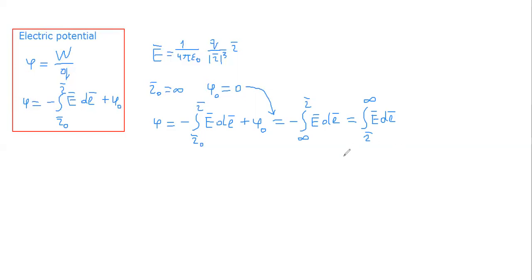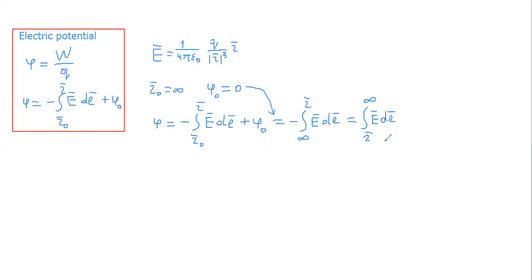We can choose any path we want to, and of course it is useful to choose the path in such a way that it can make the integral simpler.